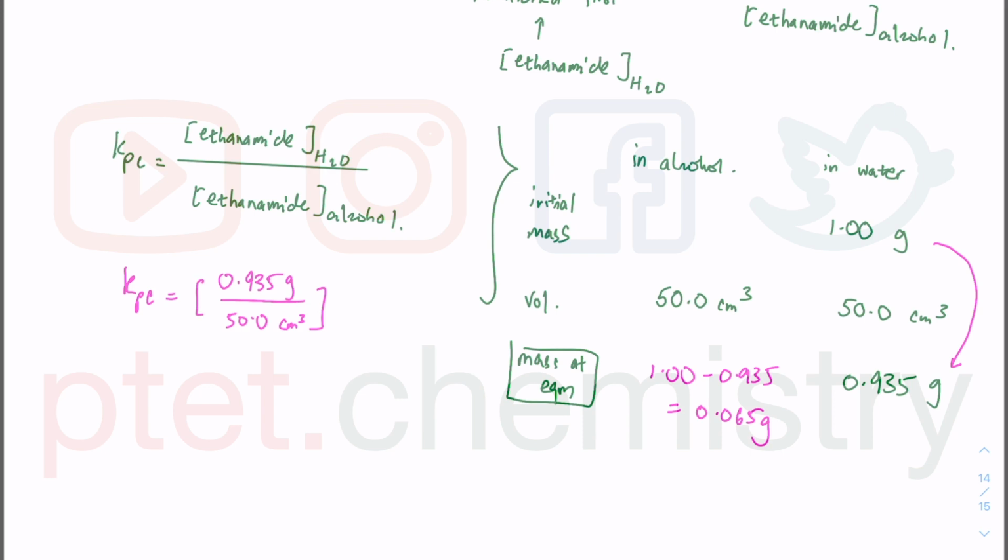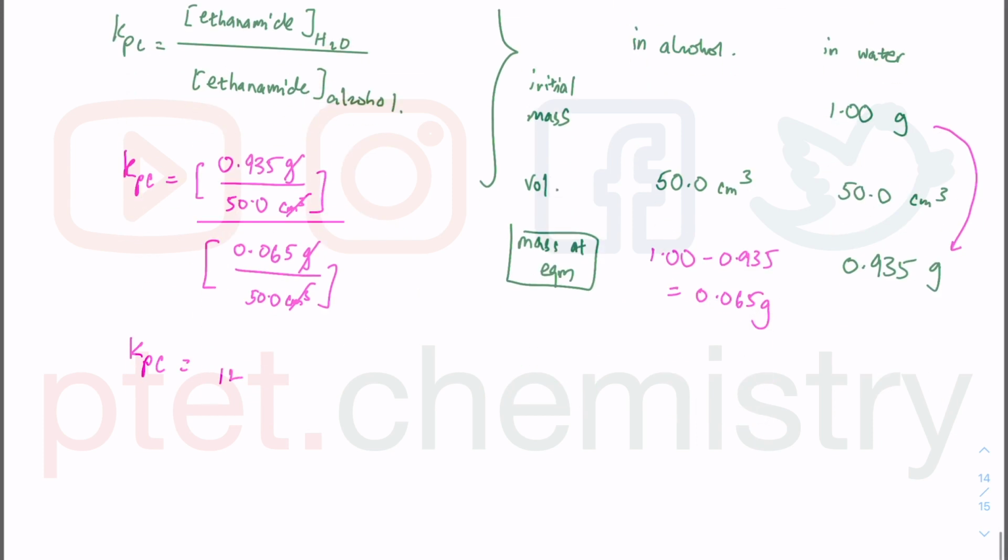There's no need to convert any unit because the units cancel out. Ethanamide in alcohol, this is the mass, this is the volume, so there is 0.065 gram divided by 50.0 cm3. The gram and the gram cancel, the cm3 and the cm3 cancel. KPC does not have any unit whatsoever.